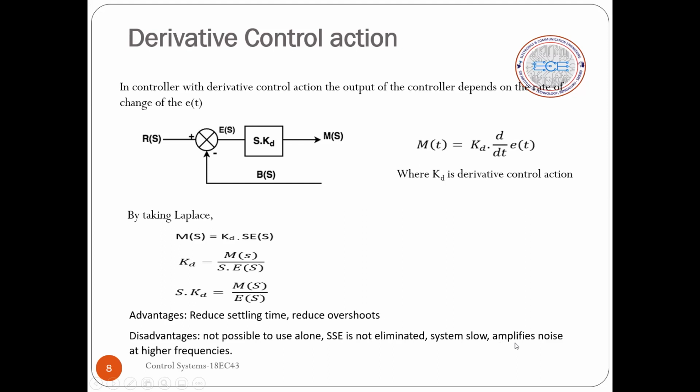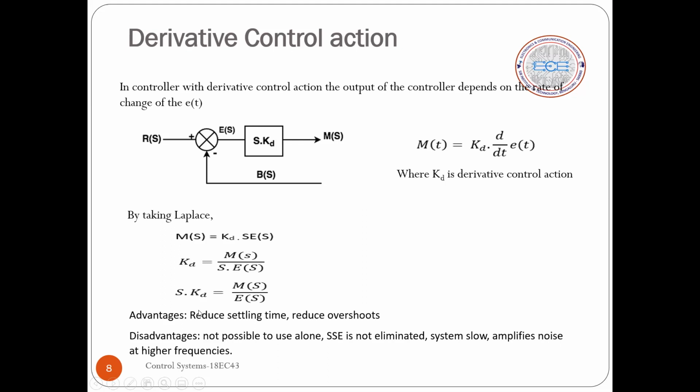It always opposes the changes, so the output builds slowly, and it amplifies the noise at high frequencies. The opposition offered by the controller block increases at higher frequencies.